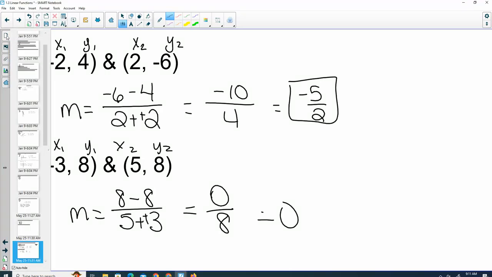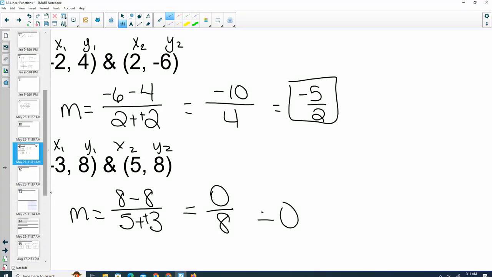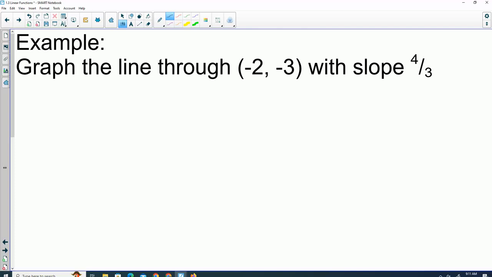All right. So that's this one. When we're graphing lines, we can have the equation, but we can also just have a point and a slope. That's really all you need to graph it. If I give you the point and the slope, where do you begin your graph?